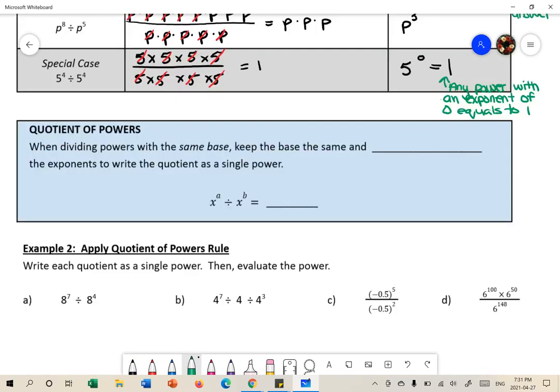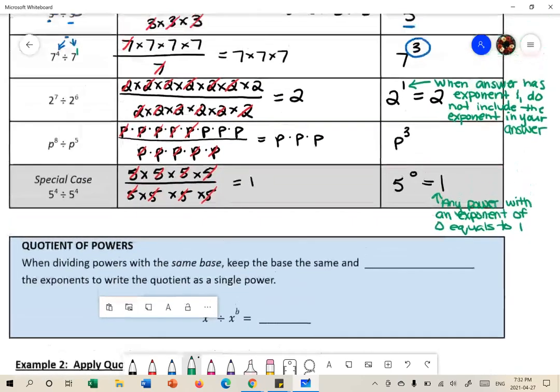Let's summarize our new exponent law, quotient of powers. Remember that quotient in math means division. Let's write that up here.